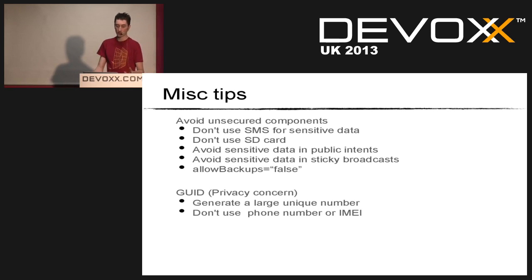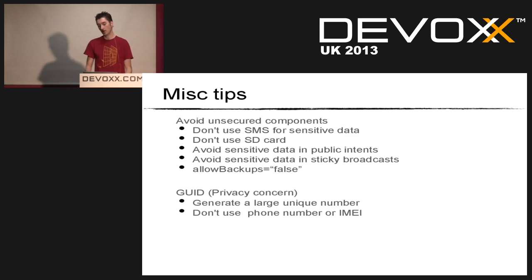Avoid sensitive data in public intents, because they can be interrogated and you can get stuff out of that. Same with sticky broadcasts. With normal broadcast receivers, you can add permissions and things like that. With sticky broadcasts, you can't. So that's one thing to be aware of. And also, there's this cool feature of Android where you can back up, which allows you to back up the apps and all the data in them.